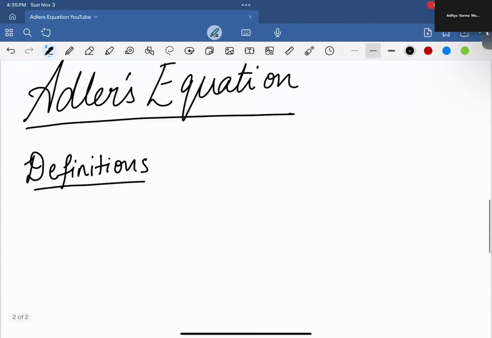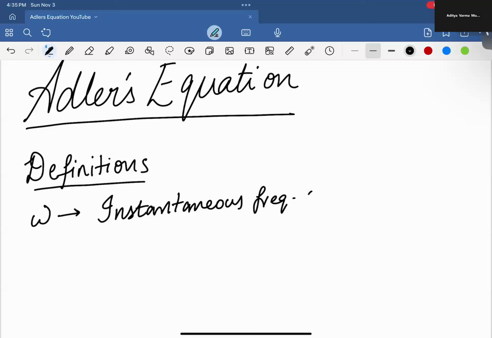We'll define omega as the instantaneous frequency of the oscillator after injection. So after you've injected a sinusoidal signal, when it is undergoing lock or even after locking or when it's being pulled, this is the instantaneous frequency.